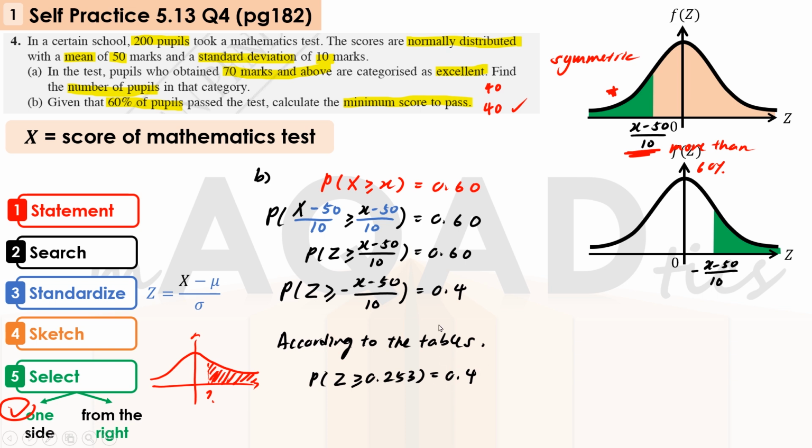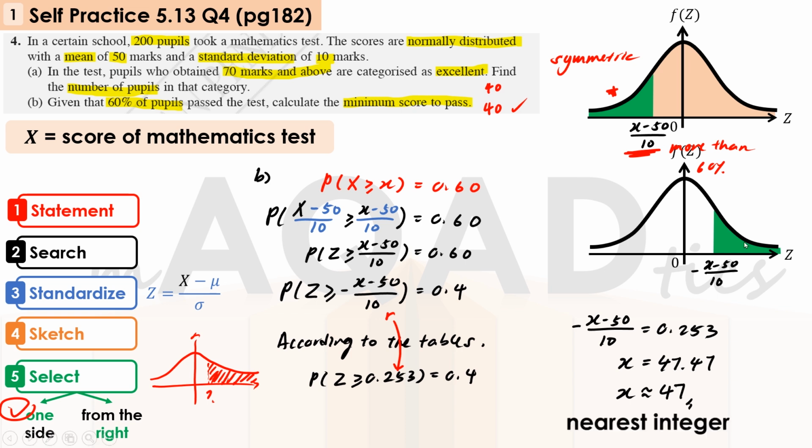So from these two statements, we can compare the z values to find the value of x. So once we find the value of x, it will be 47.47, but here it's a score. X is actually a score, which needs to be an integer. Okay, so we need to round it up to become 47.